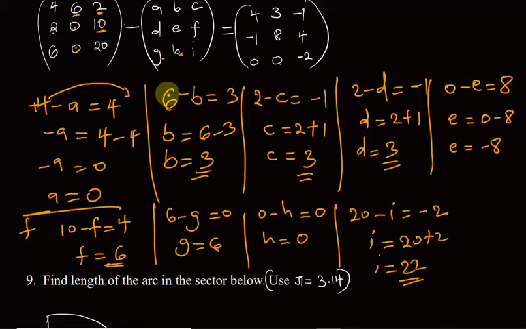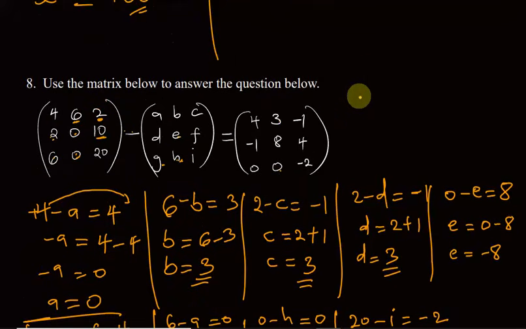We have everything. I hope you have seen the way you have gotten everything. The last thing I am going to represent, due to space here, is a, b, c, d, e, f, g, h, i with the values we have gotten. So I'm going to just write it here.